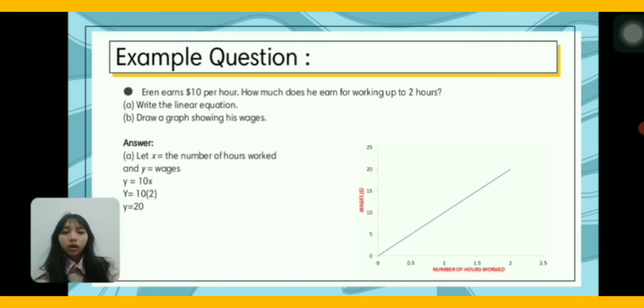So Y equals 10x, and Y equals 10(2). Multiplying 10 with 2 is 20, so Y equals 20, and we can see that in the graph, how much wage he is going to get.